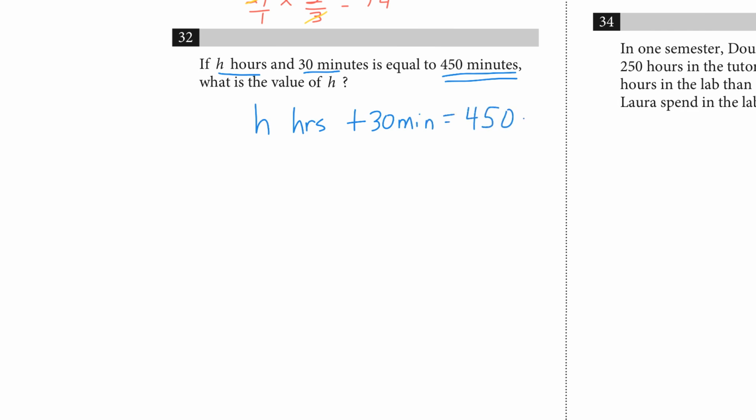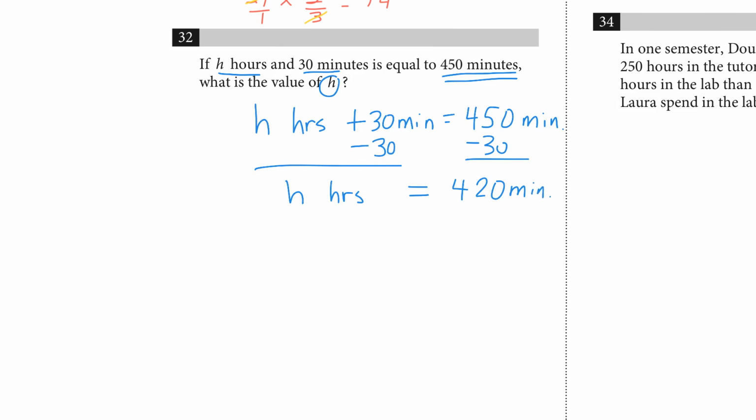So you just have a little equation like this, and we want to find the value of H. So subtract 30 here and subtract 30 there, and this will give you that H hours, which is what we're looking for, is equal to 420 minutes.